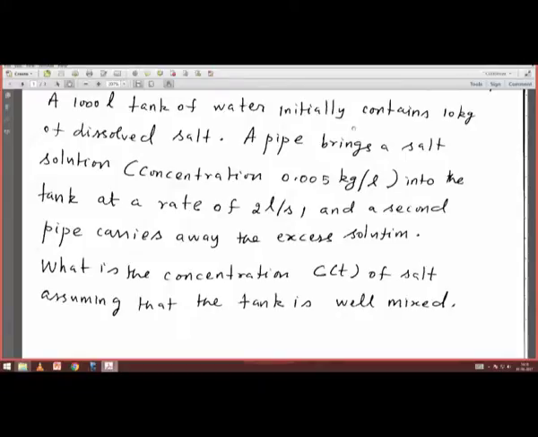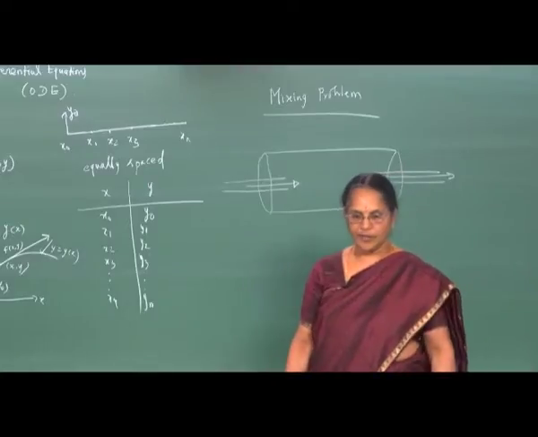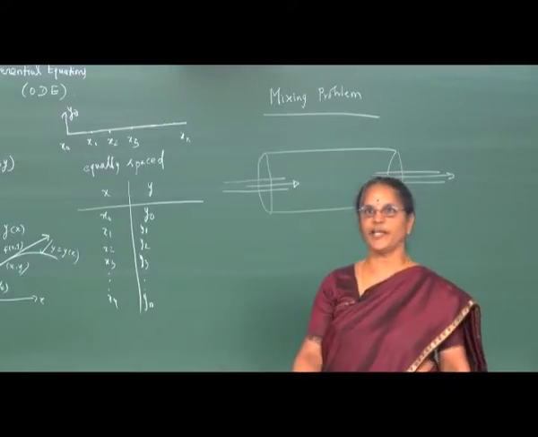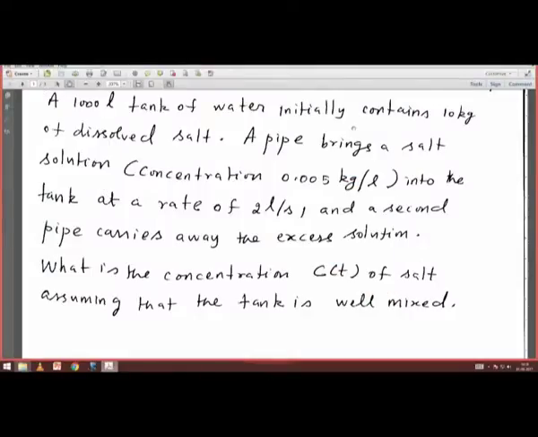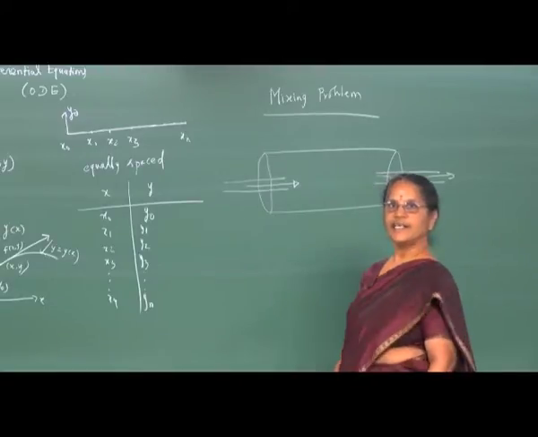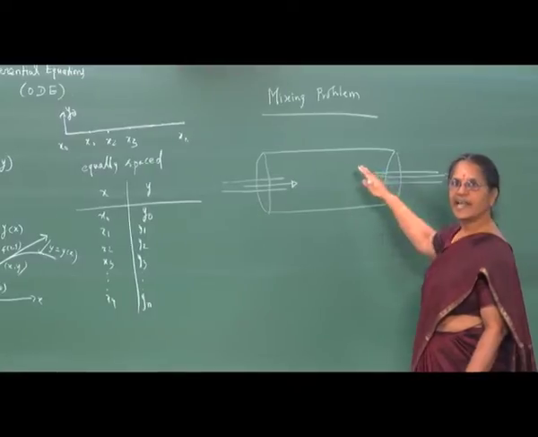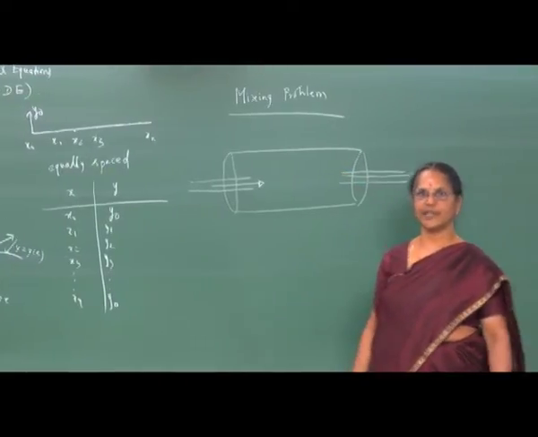A pipe brings a salt solution, concentration is 0.005 kilograms per liter, into the tank, as I said, at some rate. The rate at which it pumps in is, say, 2 liter per second, and there is a second pipe here which carries away the excess solution.